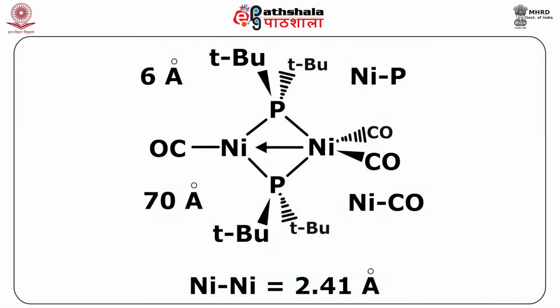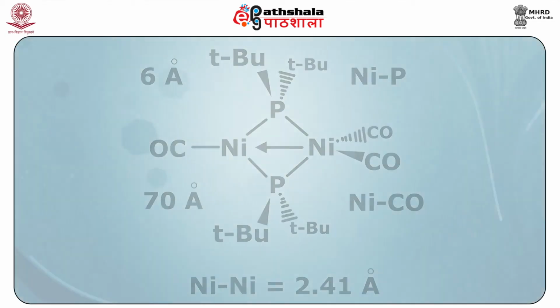The bimetallic nickel complex has one dative bond as shown in this example. Donor nickel has a d10 electronic configuration, whereas the acceptor nickel atom has a d8 nickel(II) electronic configuration.